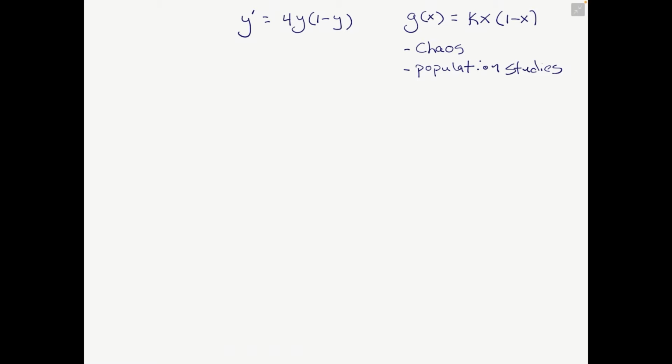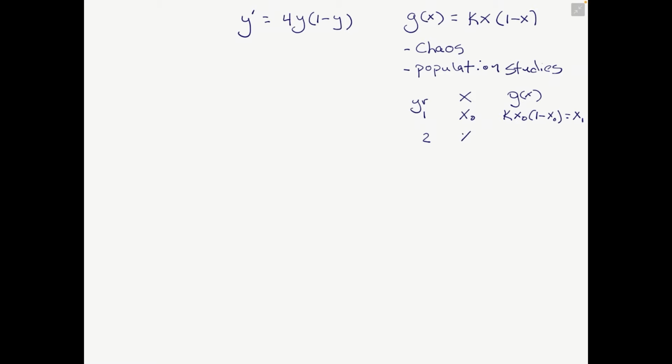For example, if you're given a population of deer in year 1, and you have x naught deer in year 1, then we can predict year 2 by plugging x naught into the function k x naught times 1 minus x naught equals x1.